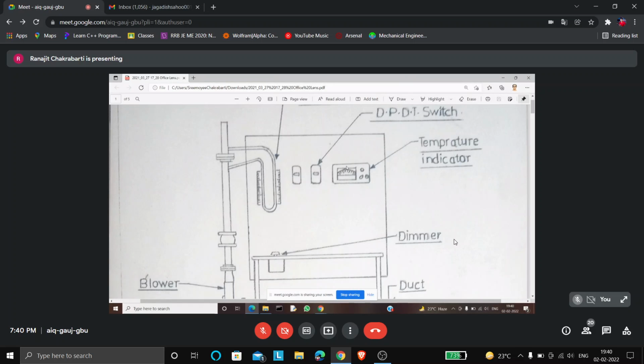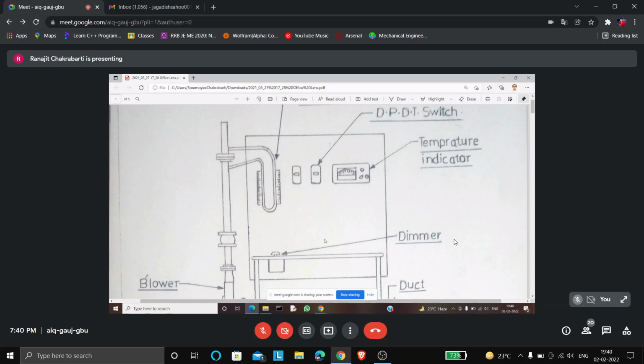It was initially not digital, but now it has been made digital in our setup. There are some selector switches. By rotating them, we can get the different temperatures T1, T2, T3, T4, T5. All these temperatures we can get here.